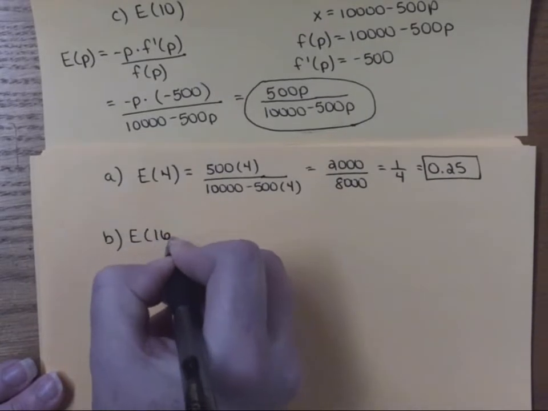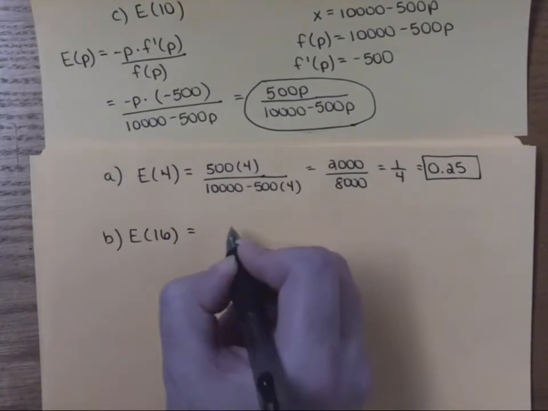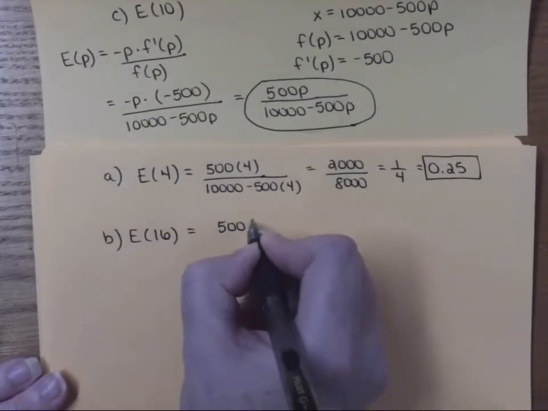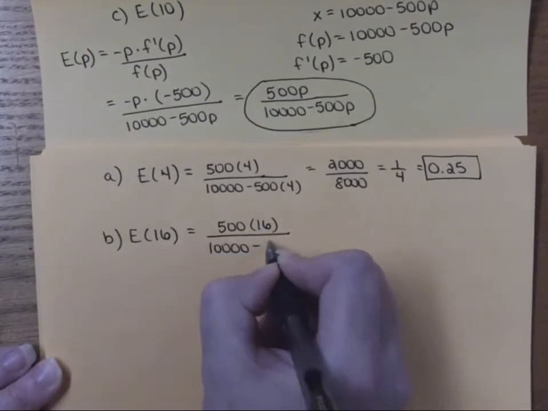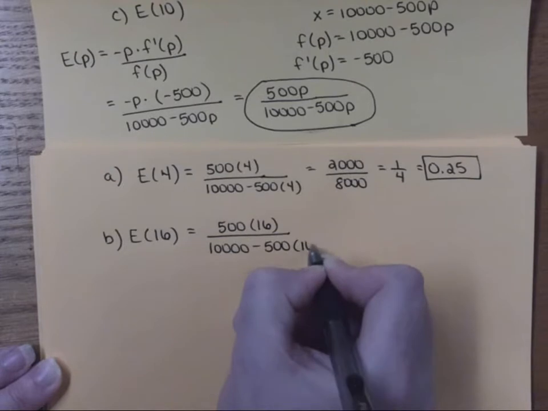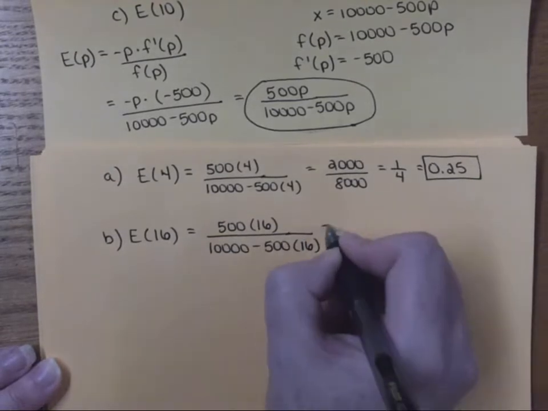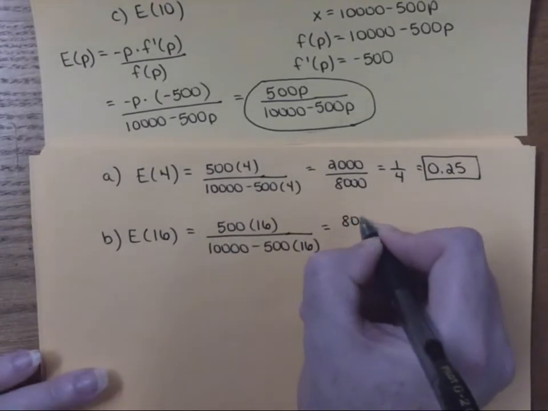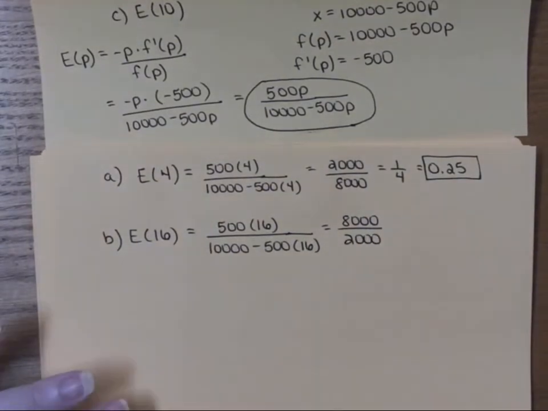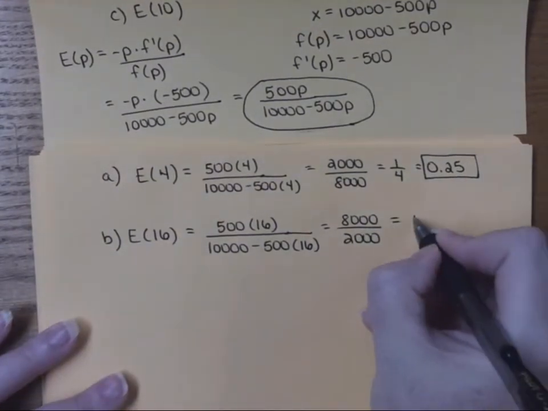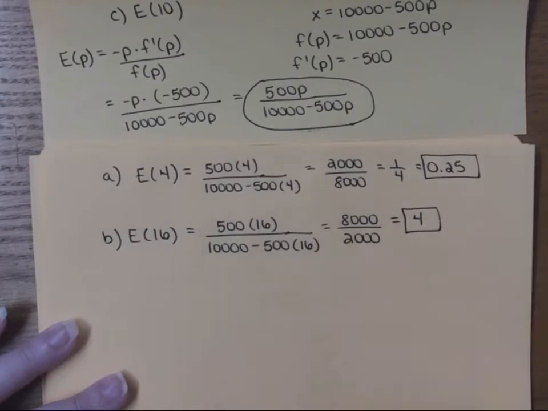Okay, what about when the price is $16? Then we do 500 times 16 over 10,000 minus 500 times 16. So you end up getting 8,000 over 2,000, kind of the flipped version of what you got for number 1. So that works out to just be 4.